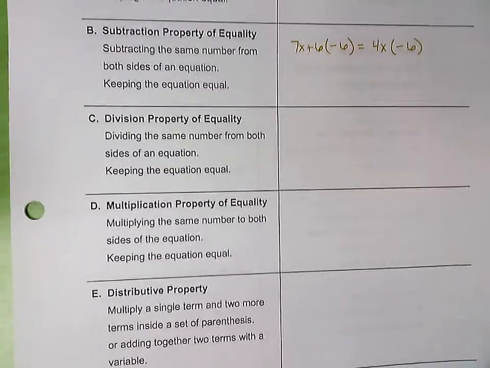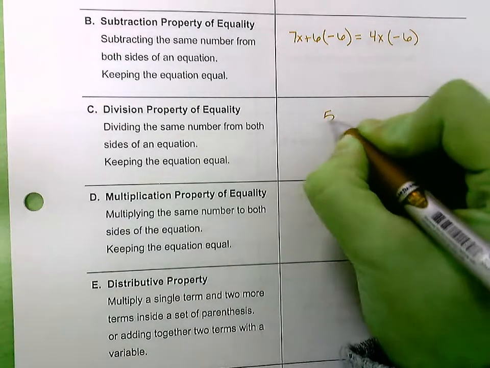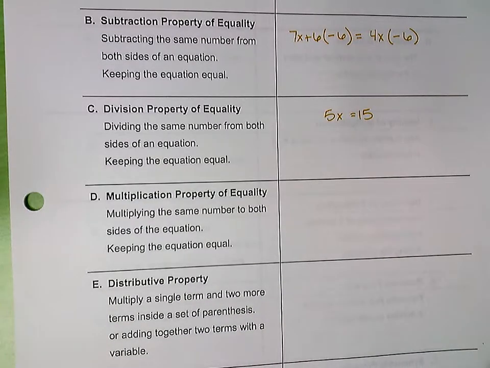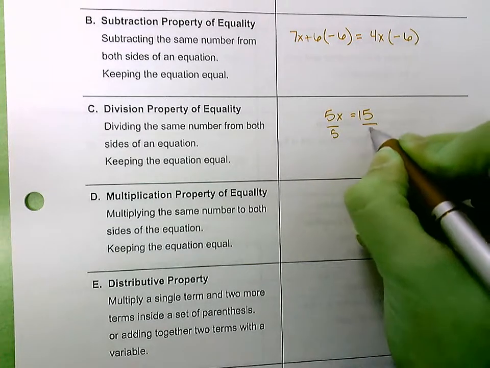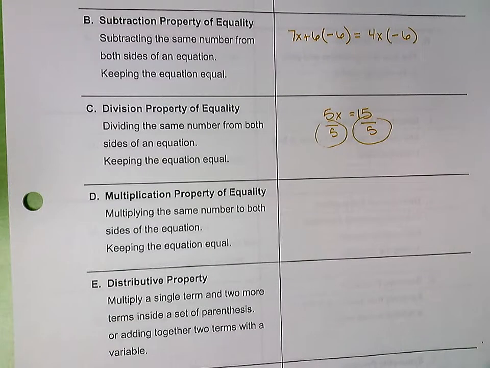Division property of equality, same thing. You're keeping your equation equal, except this time you're dividing. So if I have 5x equals 15, and I want to get x by itself, I would divide both sides by 5. That's where your division property of equality comes in.